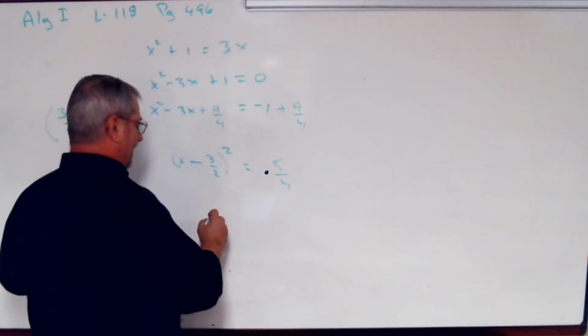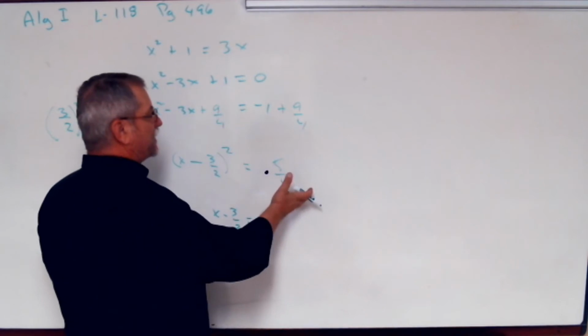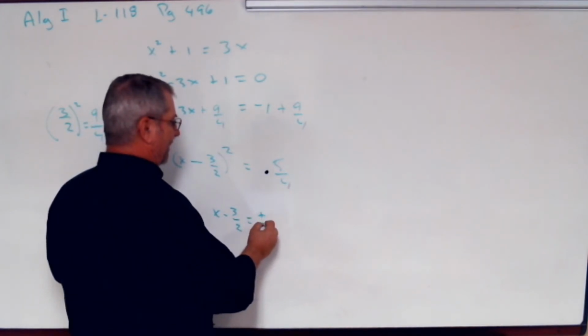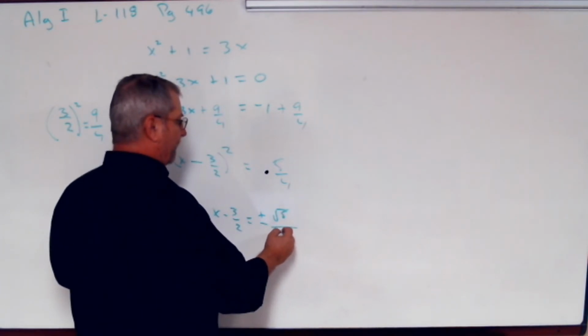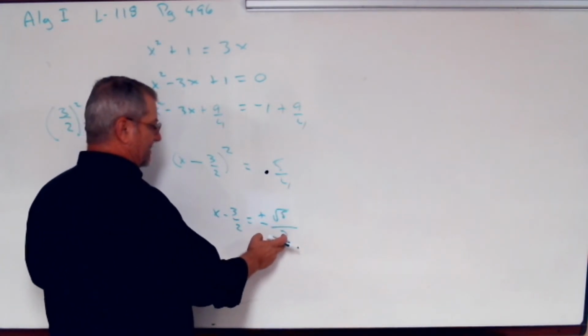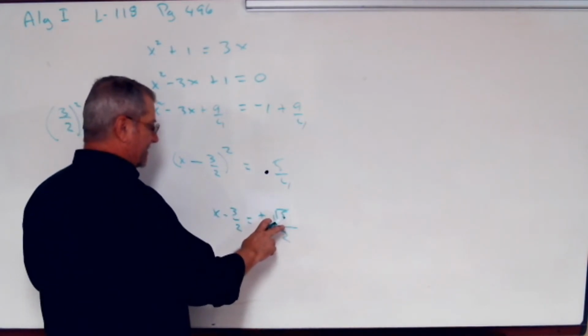Square root of this is x minus 3 over 2 equals. Since we took the square root, it's plus minus. I don't know what the square root of 5 is, but I do know what the square root of 4 is. That's a 2, that's a 2. Last step is I'm going to add this to the other side.